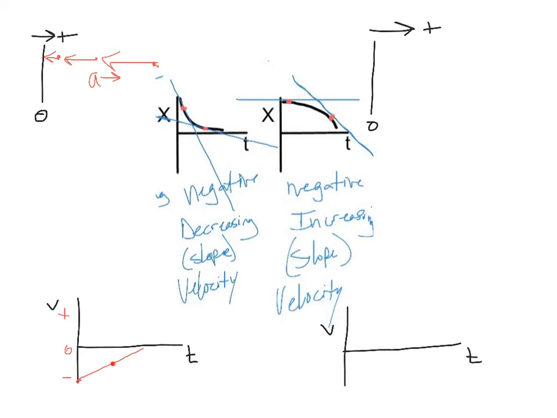But my slope is positive, which means my acceleration is the other way. So there's two different things this graph is telling us. It's telling us the direction of the velocity by where the line is. It's telling us the direction of the acceleration by which way it's tipped.